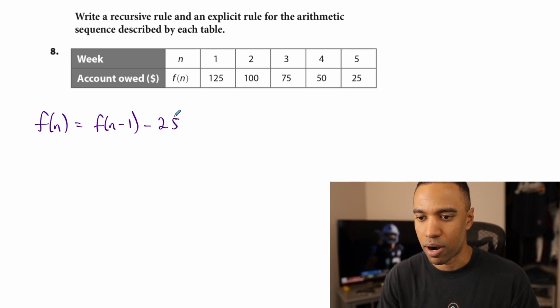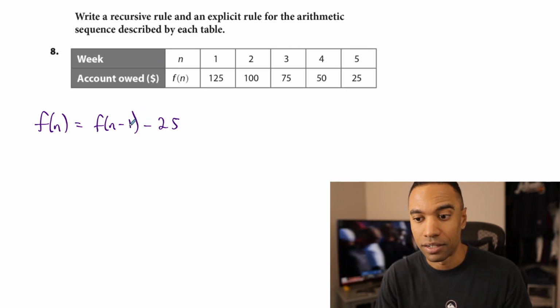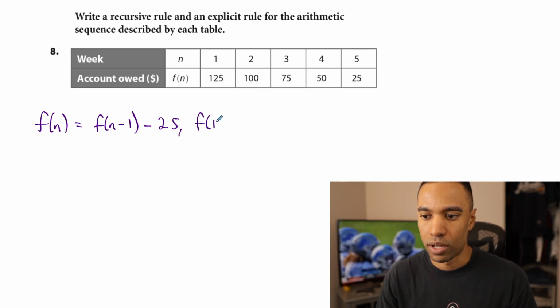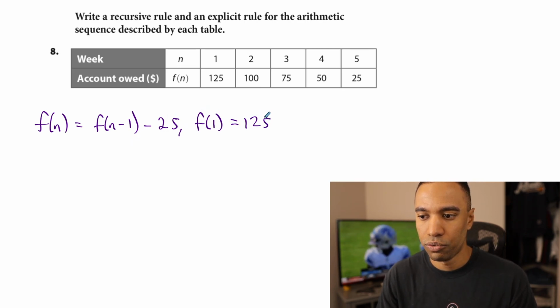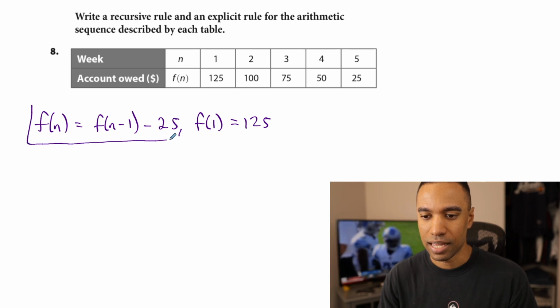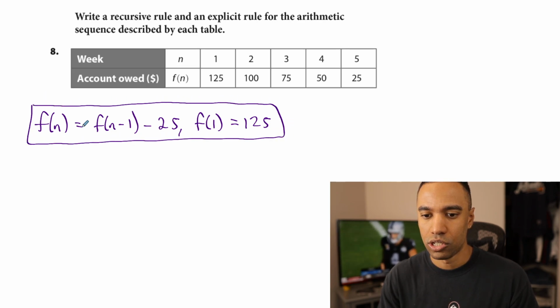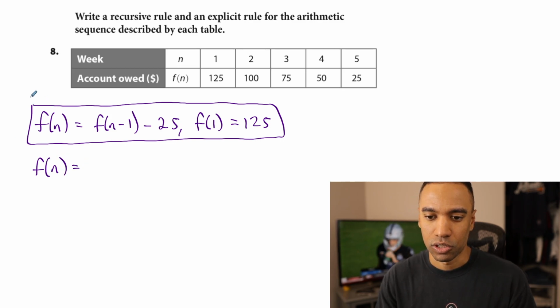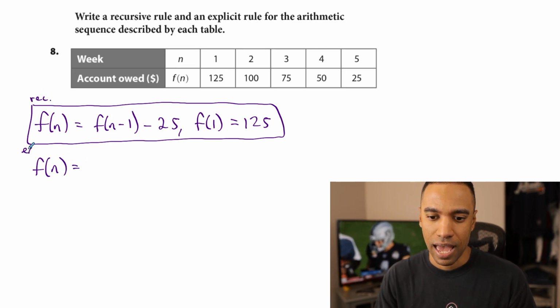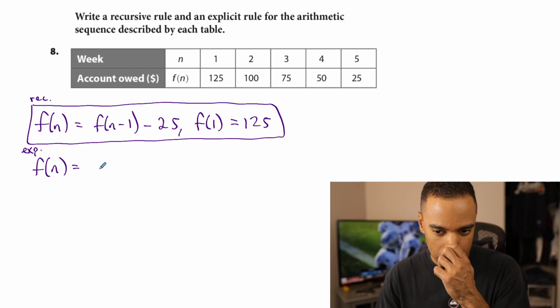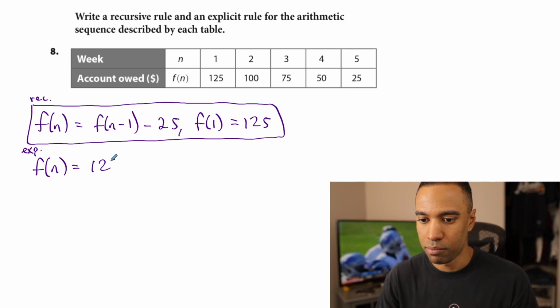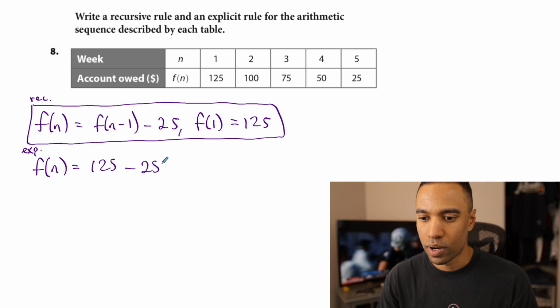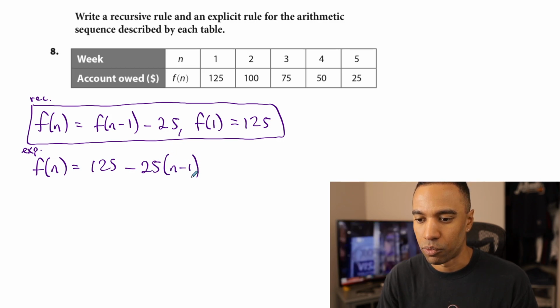I kind of want to live up to a promise of making this thing shorter if I can. Starting from 125. Once you've learned some of these things, it gets a little faster the more you do this. Explicit now is going to be f of n equals the first term, 125, minus 25, one less time than the term we're looking for.